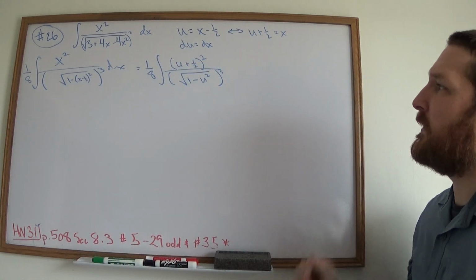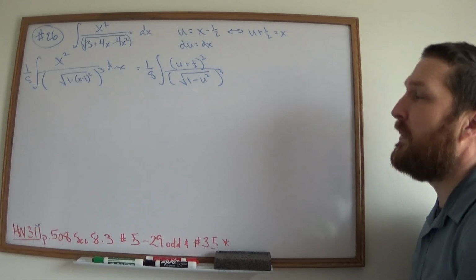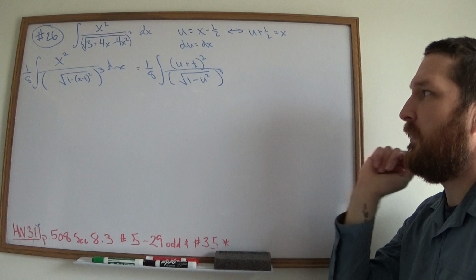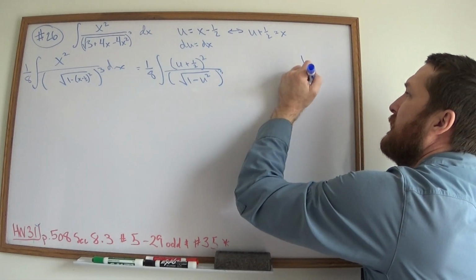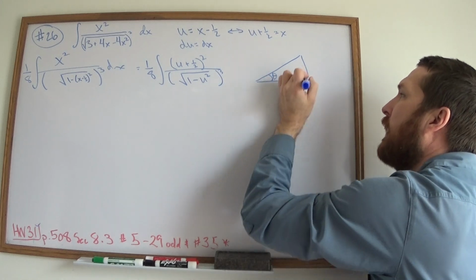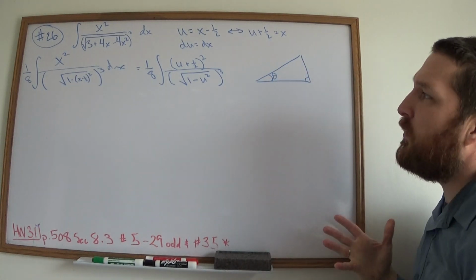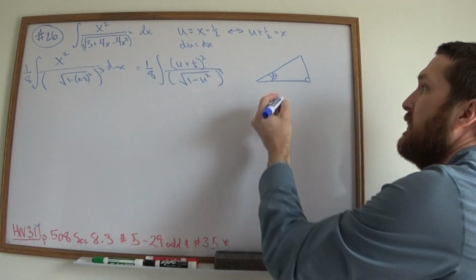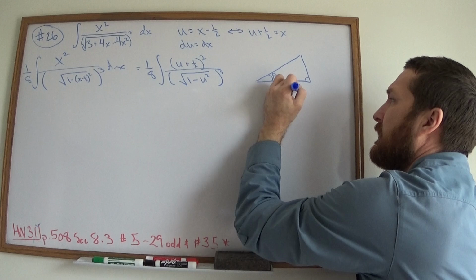Now let's do a triangle. Why? Because I see that I have a root of something minus something squared. That tells me I could do a trig sub here. I can do this any way I want. Because it's a minus, the root needs to be one of these. I'm going to go ahead and do it like this.